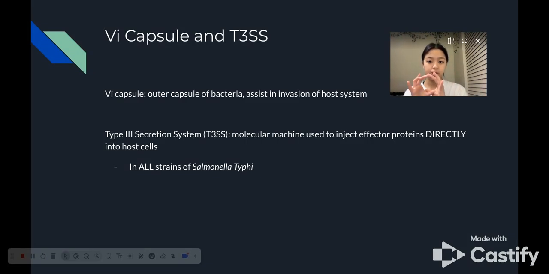And the Vi capsule is able to evade macrophages as lysosomes aren't able to break it down. And T3SS is basically just having the effector protein directly inserted into host cells.